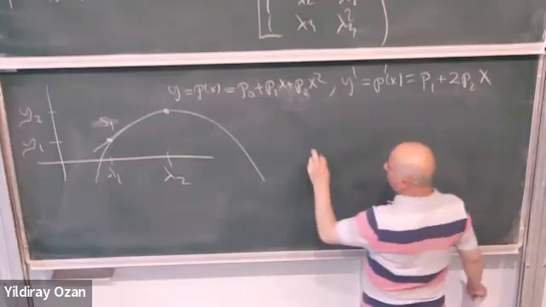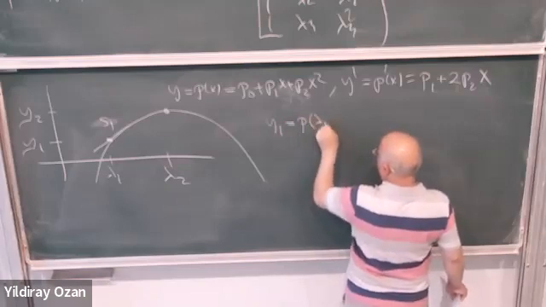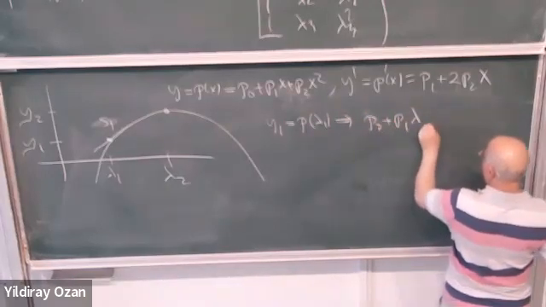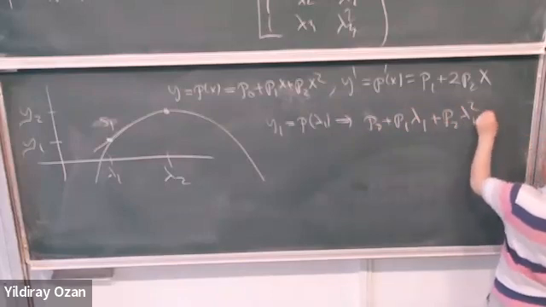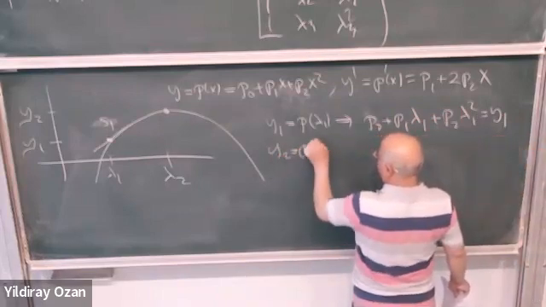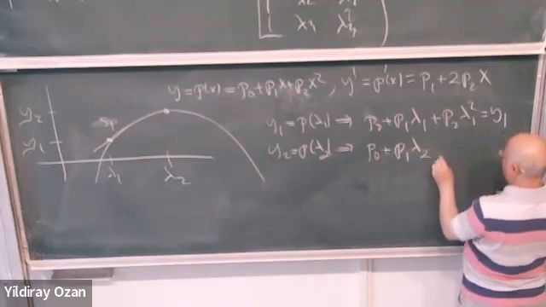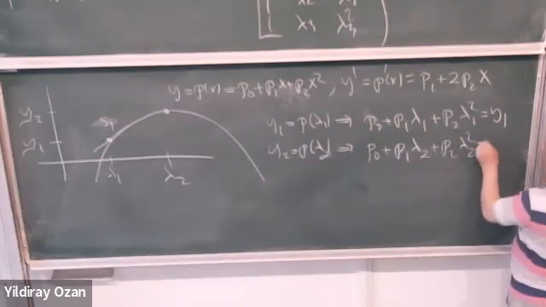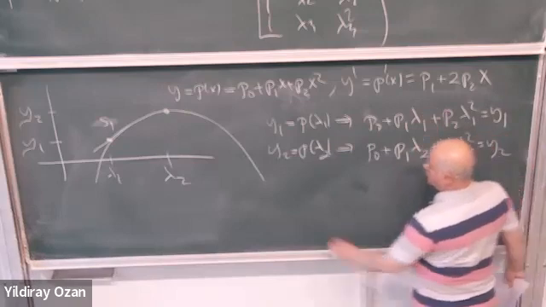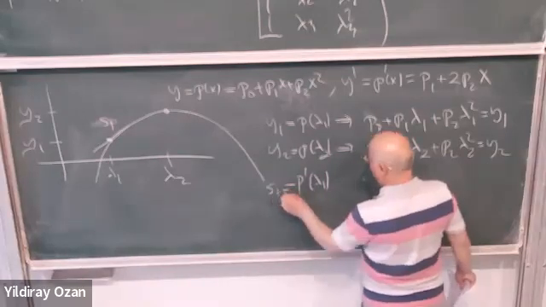So what are the equations then? Y1 equals P of lambda 1, which gives P0 plus P1 lambda 1 plus P2 lambda 1 squared equals y1. Then I have y2 equals P of lambda 2, which gives P0 plus P1 lambda 2 plus P2 lambda 2 squared equals y2. And then I have this derivative condition: P prime of lambda 1 equals S1.